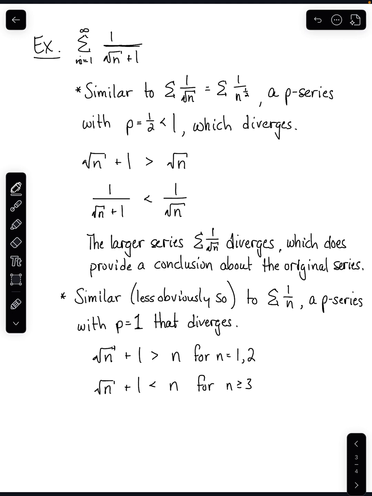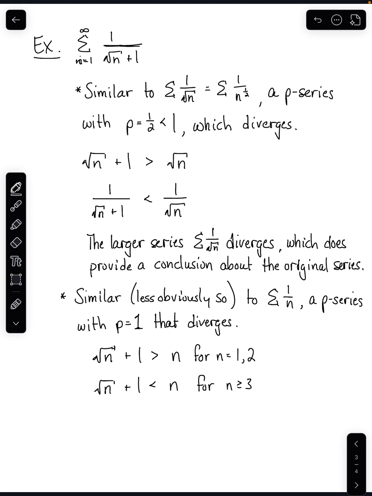The harmonic series, if I take the first two terms off of it, is still going to diverge. It's still going to sum to infinity. Taking a 1 and a 1/2 away from something that is infinite doesn't change it from being infinite. So it's still divergent even if we ignore those first two terms.